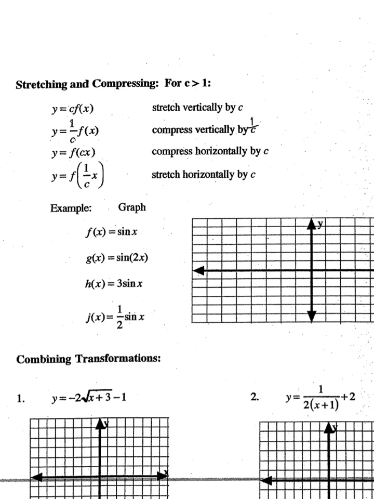If I want to compress it horizontally by a factor of 1 over c, I multiply the x by the c, and if I want to make it larger, I multiply it by 1 over c. Let me put some numbers in here because I think you will understand it way better.